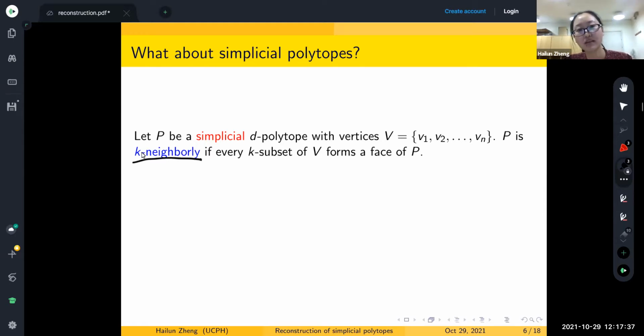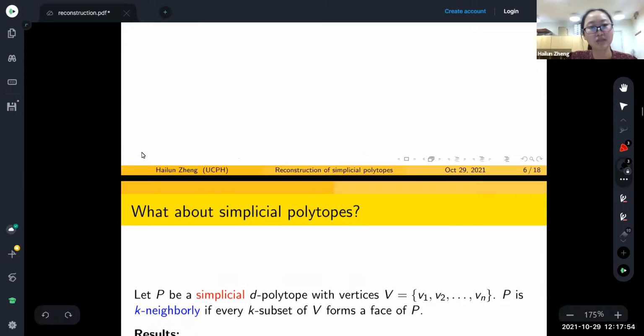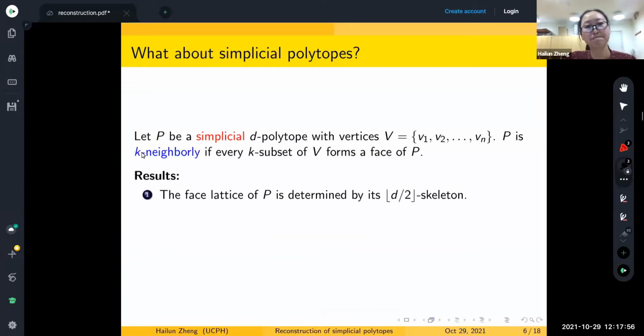If you plug in k equals 2, it just means that every pair of vertices in P actually forms an edge of P. This sounds like a really weird property, but actually there are many k-neighborly polytopes. What I know is the following. Number one, the first result about simplicial polytopes is that the face lattice of P is determined by its D/2 skeleton.